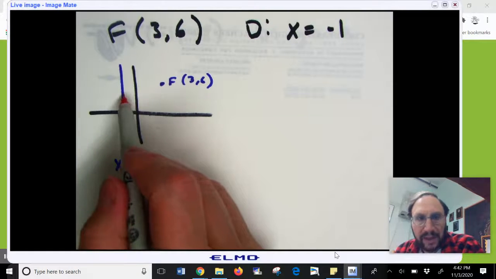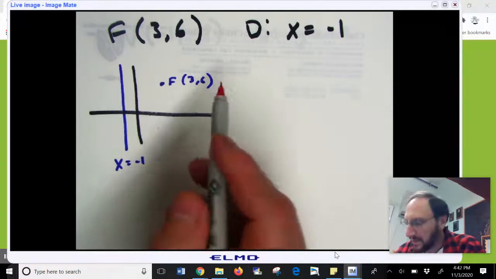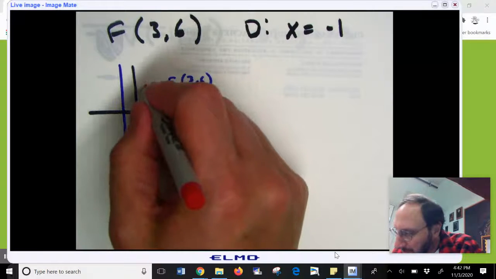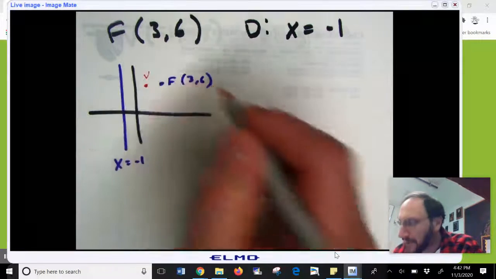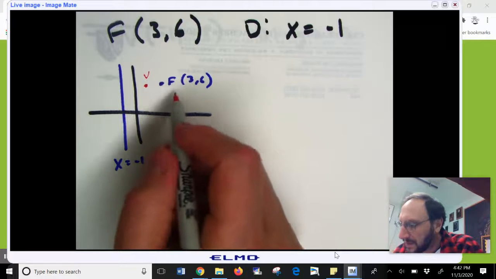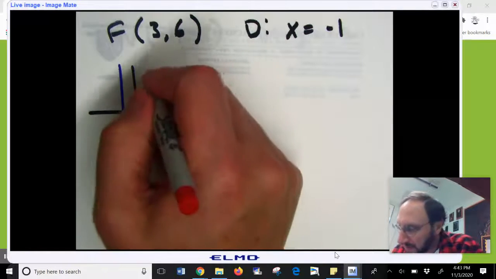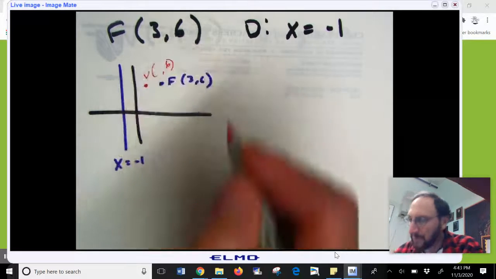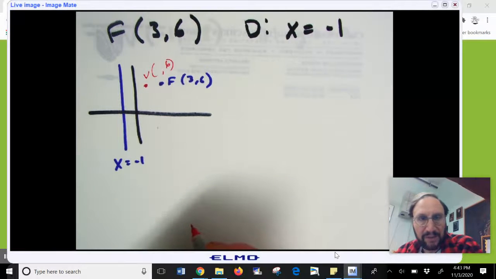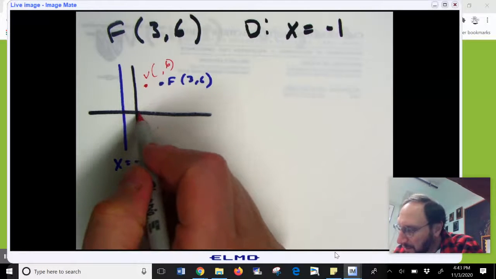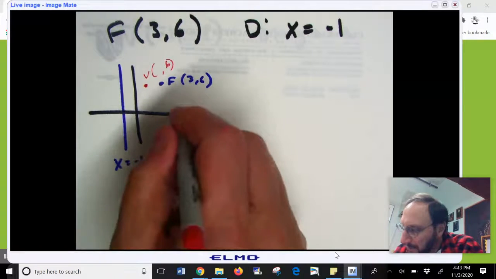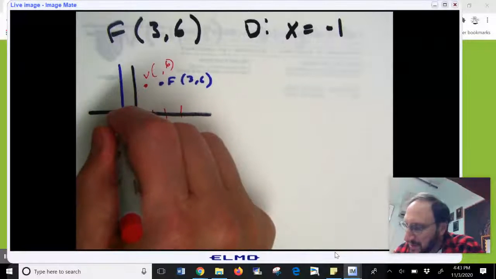So between negative 1 and (3, 6), I'm going to have to find the middle point, the middle place where the vertex lies. I can see that the 6 doesn't matter because the 6 is how far it goes up. So the vertex is up 6, but how far is it across from the origin? This one is 3 units over, 1, 2, 3, and this is 1 unit to the left.